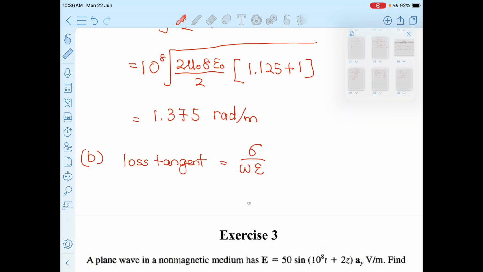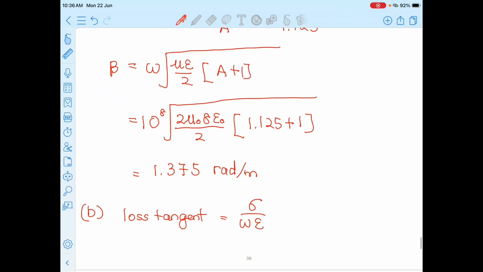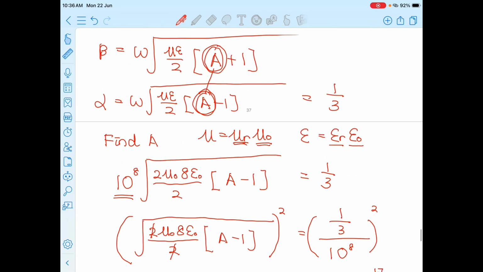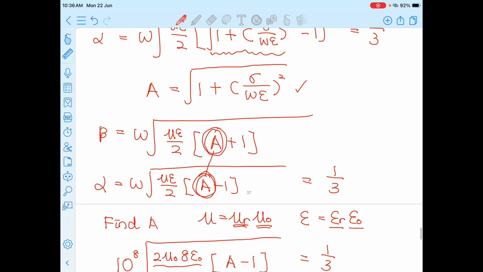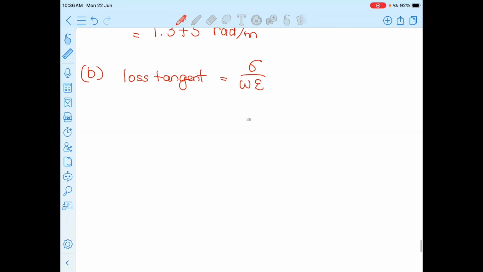So this is our loss tangent. We can get the loss tangent by referring to the formula of our A. This is our A, and the loss tangent is over here. So let's try to find out what the loss tangent is.